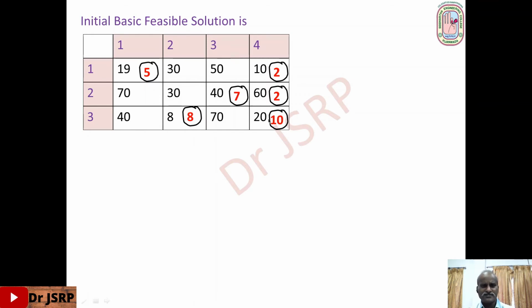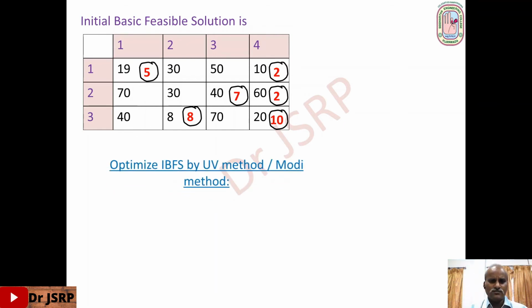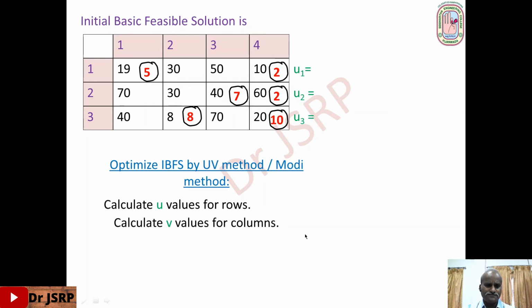Now we have to optimize this initial basic feasible solution by the UV method or MODI method. Okay. So what is the first step here? We calculate U values for rows. For the first row U1, for the second row U2, for the third row U3. Similarly, we calculate V values for columns. First column V1, second column V2, here V3, here V4.